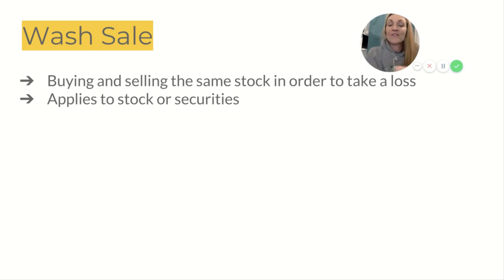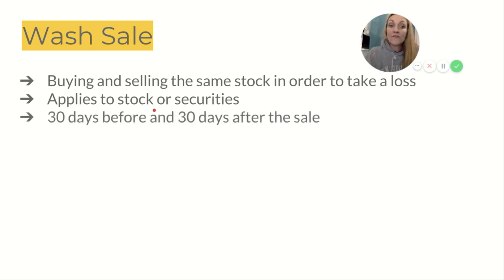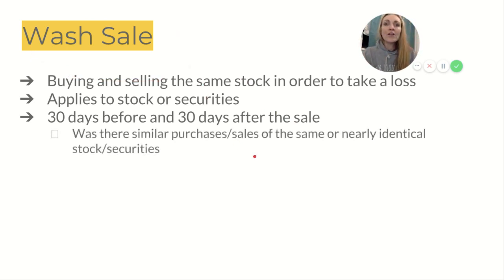But if they meet the wash sale criteria, it's still disallowed. So it applies to stocks or securities, all of them. 30 days before and 30 days after a sale of stock, you have to look and check if similar stock was repurchased or sold before or after the sale, then the loss is disallowed.